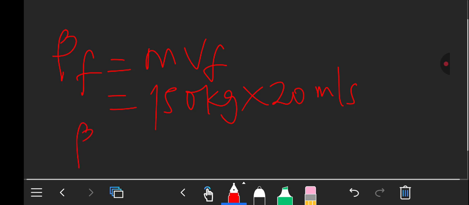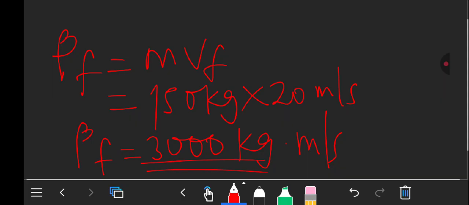So our final momentum will be equal to 150 multiplied by 20. That is 3000 kilogram meters per second. So this is our final momentum.